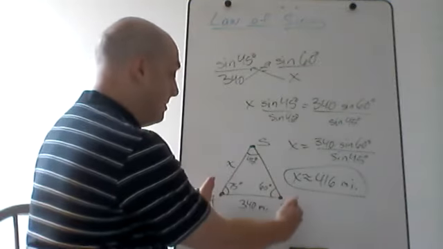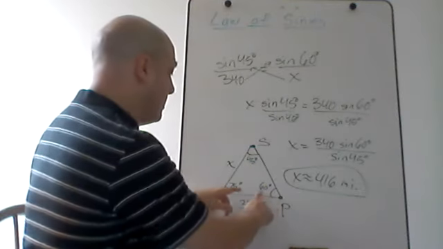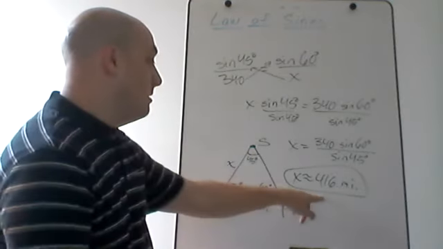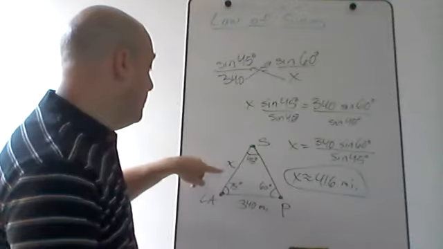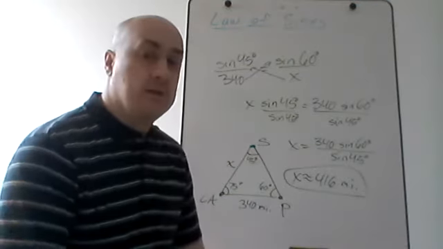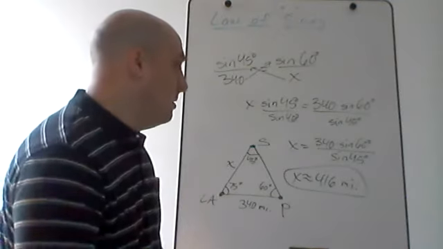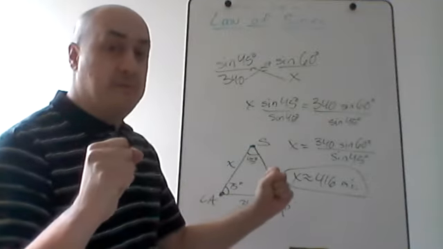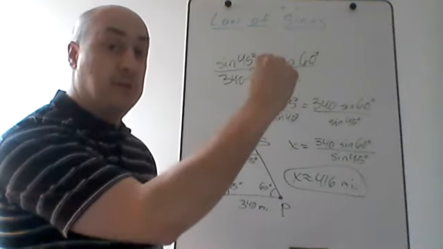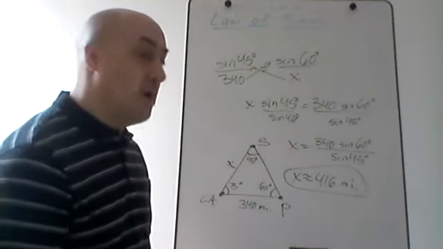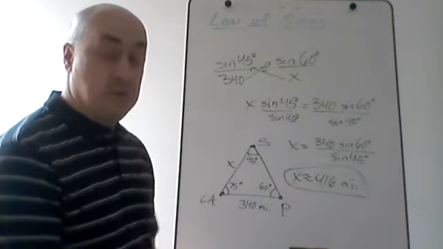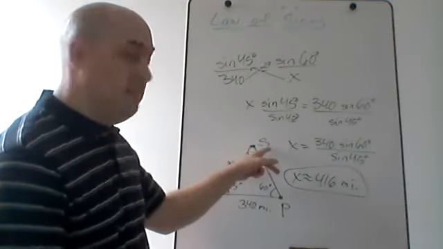In this case, at Los Angeles and Phoenix, we know these two angles. We can say this thing is approximately 416 miles from Los Angeles. All you need is two observation points, and then the object that you're observing, those three points make a triangle, and then you can use trigonometry to figure out exactly where that point is.